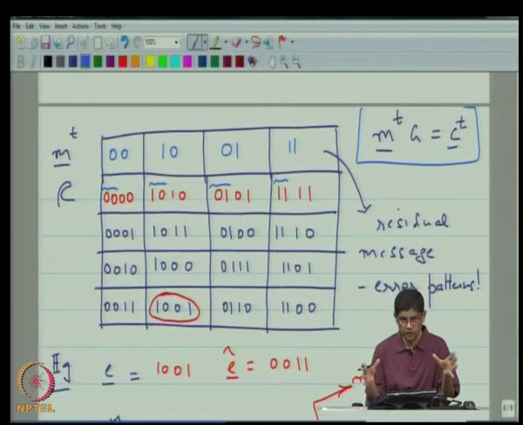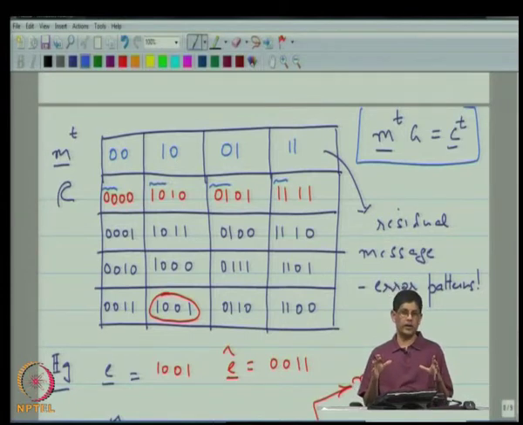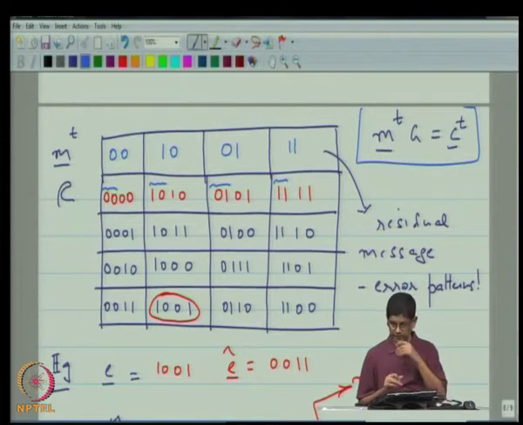Now if this was not systematic, then you have to work a little bit harder, because you have to go to the generator matrix and figure out what is the underlying message vector corresponding to these code words, and then you can exactly repeat what we did here. So systematic or not, you can use the standard array decoder to compute whatever expression you need relating to bit error probabilities. Okay, so it's quite powerful in that sense.